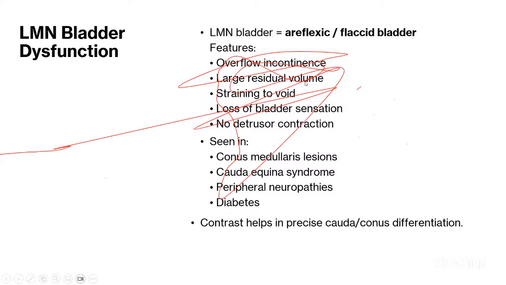So there will be overflow incontinence and a large residual urine volume. They have to strain to void, with loss of bladder sensation and no detrusor contraction. This is seen in conus medullaris lesions, cauda equina syndrome, peripheral neuropathies and diabetes. This helps in the cauda-conus differentiation.